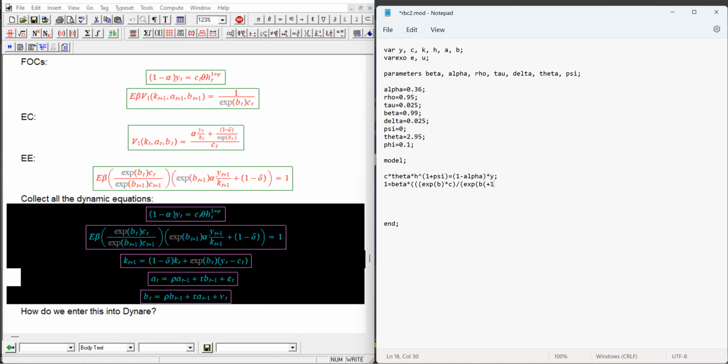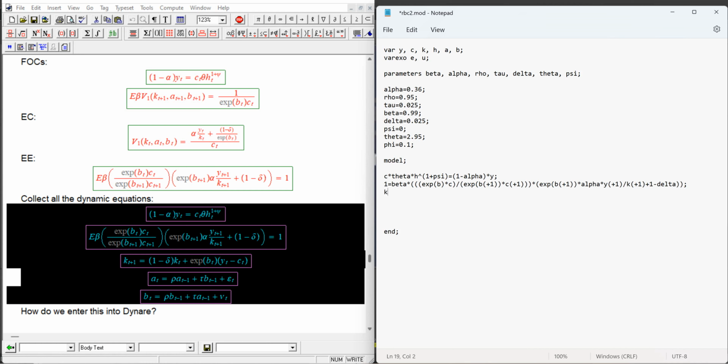So we write plus 1 in brackets, times c tomorrow times e to the b tomorrow times alpha times y tomorrow divided by k tomorrow plus 1 minus delta; Next, we need to write out the capital accumulation function.